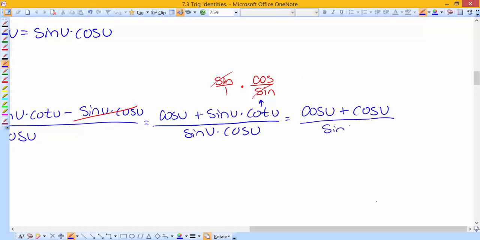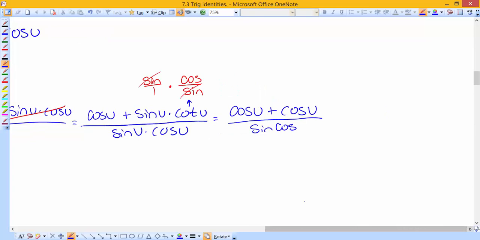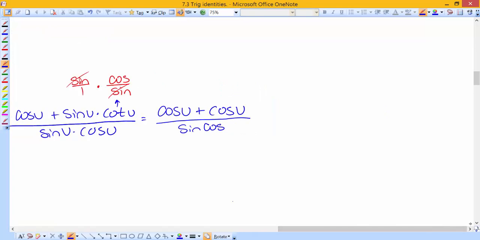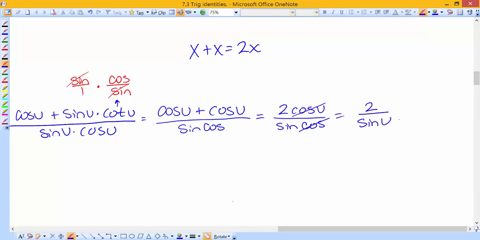Over sine cosine. Even now I'm not done. I have two cosines, a cosine plus a cosine. x plus x is 2x. So guess what cosine plus cosine is? 2 cosine over sine cosine. Cosines cancel. 2 over sine of u.